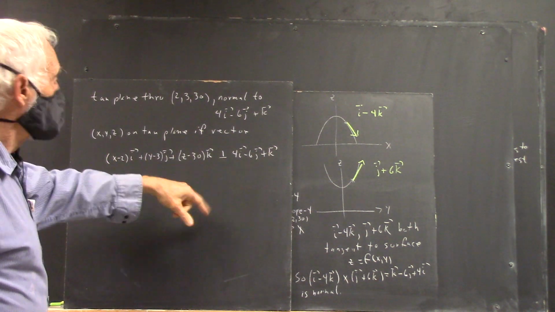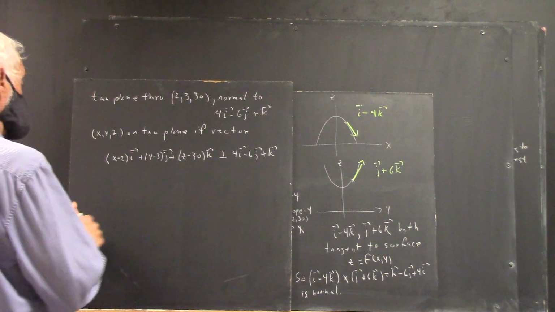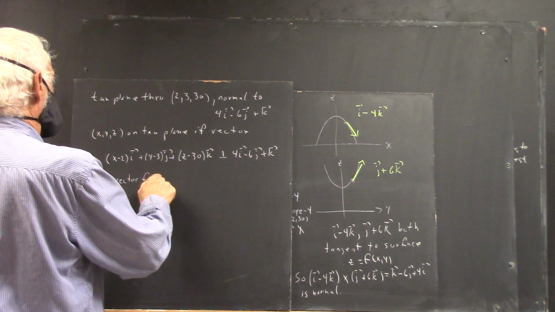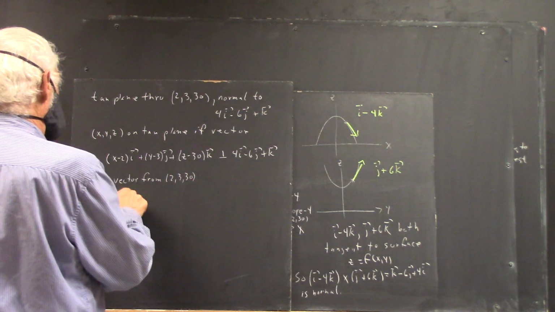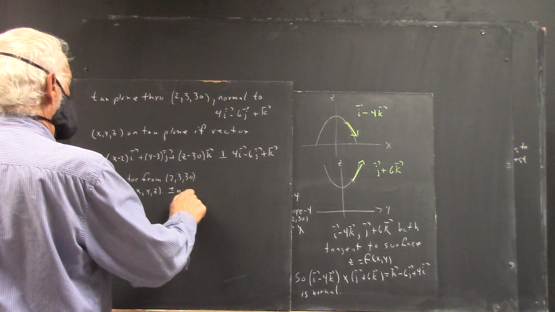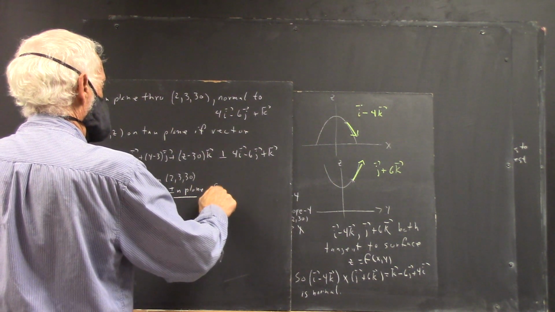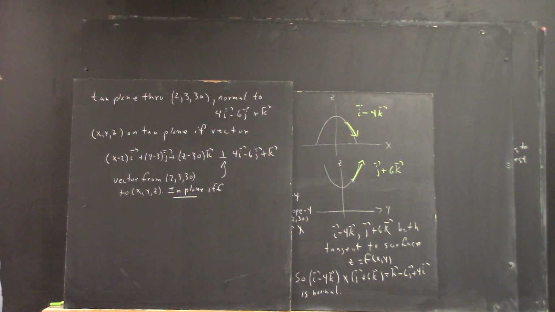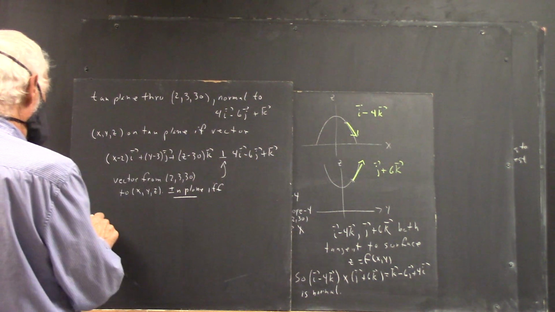This is the vector that connects this point and this point. This is a vector in the plane. If and only if perpendicular to this.